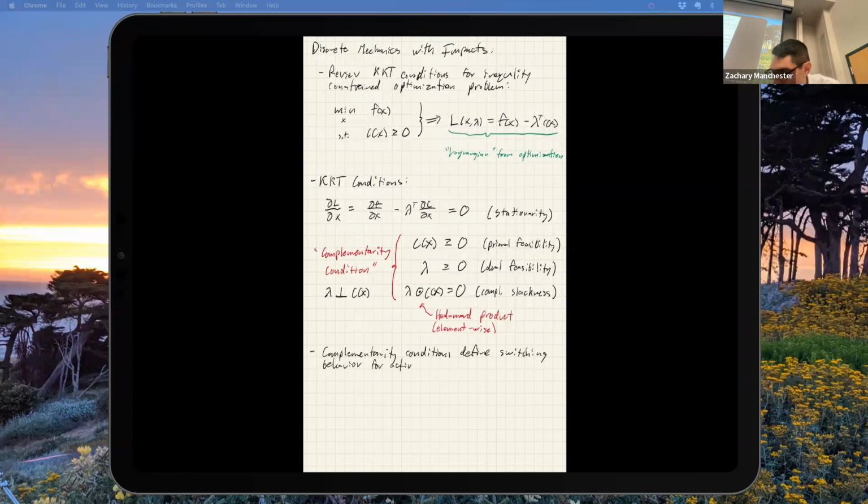And you can kind of imagine where this is going. This on-off switching ends up nicely encoding on-off switching of contact forces, where you're off the surface versus in contact with the surface, right? So it's a pretty natural way to do it. So we're now going to apply this to the falling particle thing.